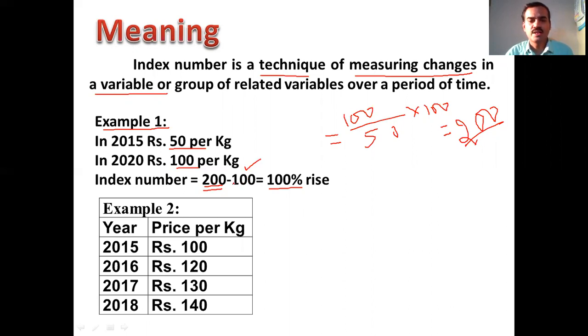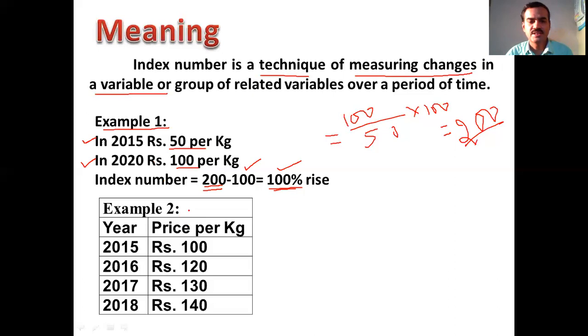Therefore 200 minus 100, there is an increase of 100% in the price of this particular commodity from the year 2015 to 2020. While calculating the index number, here 2015 is called the base year and 2020 is called the current year. So in this example 1, we can say that there is a 100% increase in the price from the year 2015 to 2020.